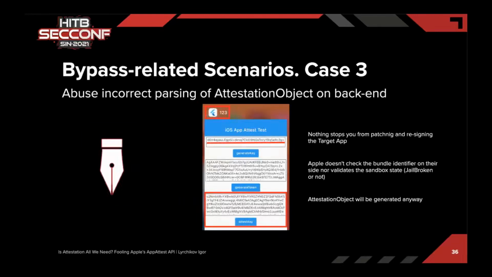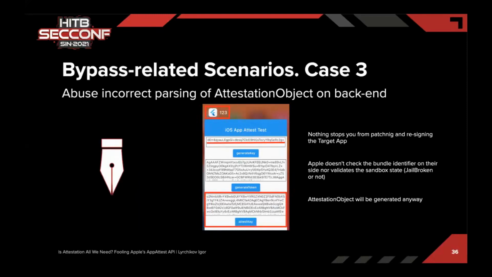I've heard an opinion from one application developer that Apple has an ability to validate the signer's provisioning certificate on their backend before returning the attestation object. It was his understanding of the AppAttest API description.